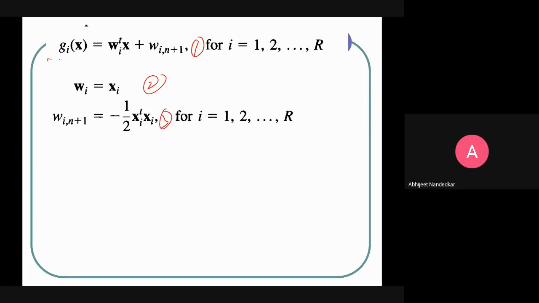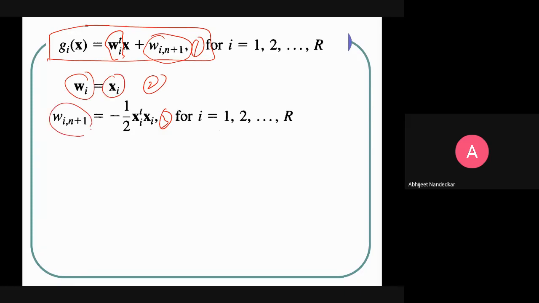So Gi(x) is constituted with Wi and Wi,n+1, where Wi is equal to Xi, and Wi,n+1 is a simple number which is Xi transpose Xi multiplied by half.